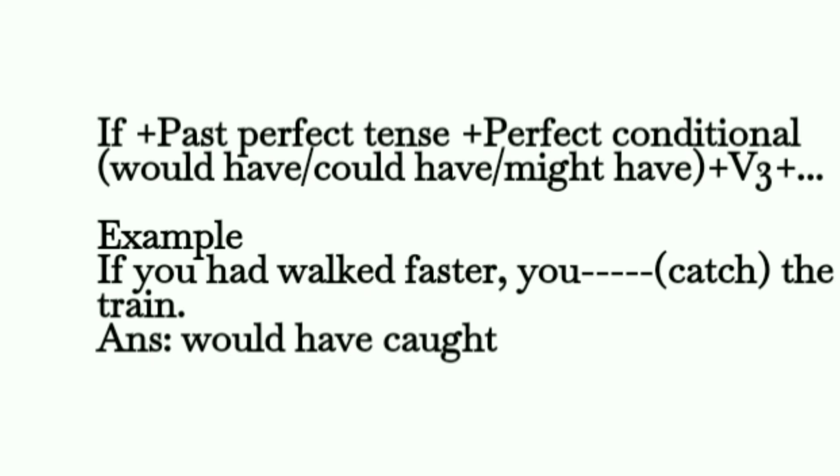Rule of third conditional. Here we can use if or had. If plus past perfect tense plus perfect conditionals. Perfect conditionals are would have, could have or might have plus V3. That means after perfect conditionals you have to use the past participle form of the verb. For example, if you had walked faster, you catch the train.